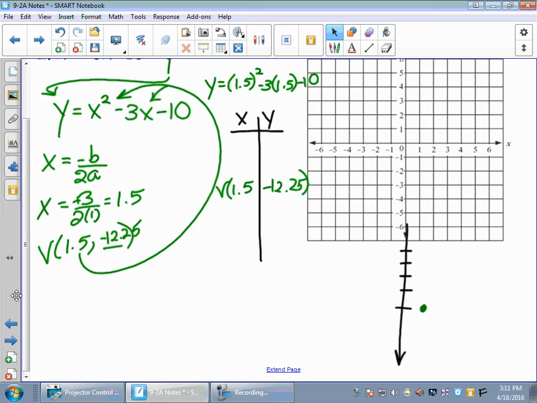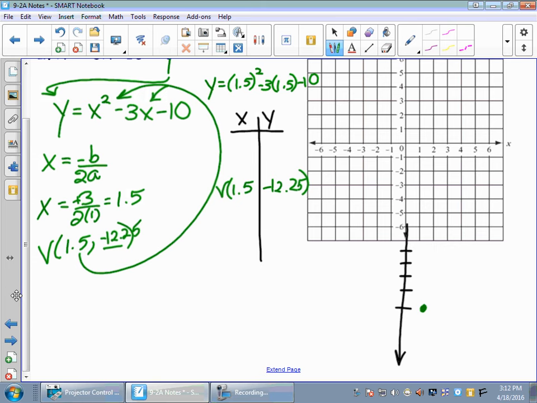We can do that later. We will do that on the homework. But right now, we're going to just concentrate on the new concept. But I do recognize that my a value is positive, so this is going to be opening up. So if my vertex is below the x-axis and I'm opening up, that tells me that I'm going to cross the x-axis twice.